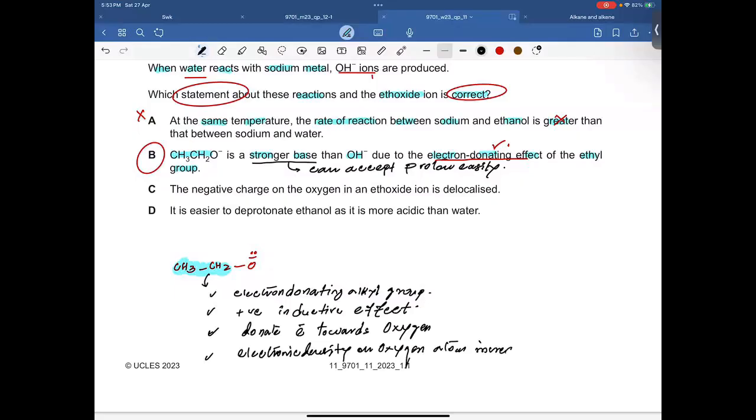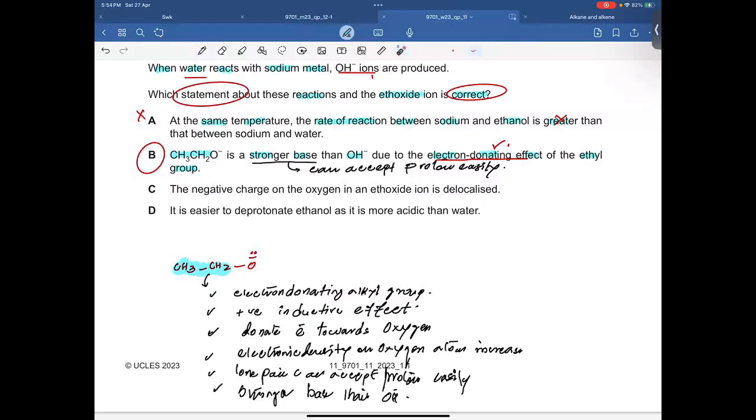If the electron density on the oxygen atom increases, then this lone pair is easily available for protonation. The lone pair can accept a proton easily. So it is a stronger base than hydroxide ion, which is why B is going to be the right answer.